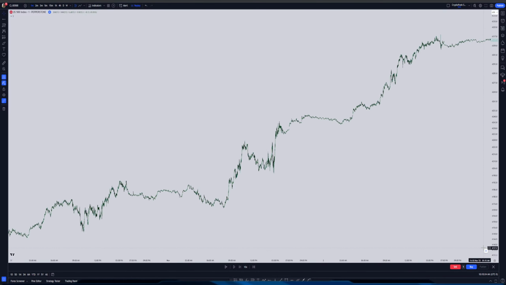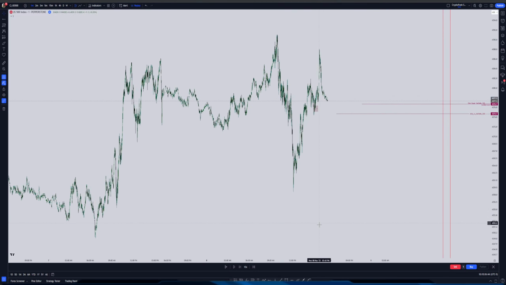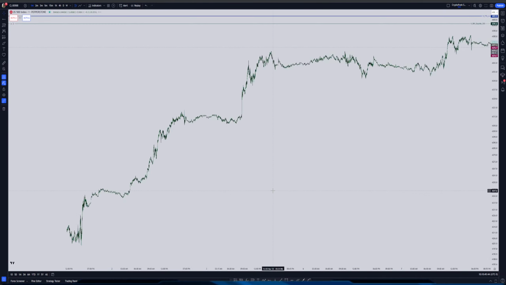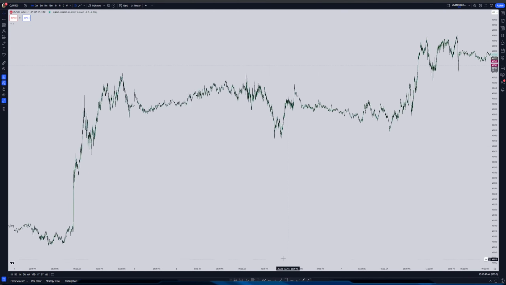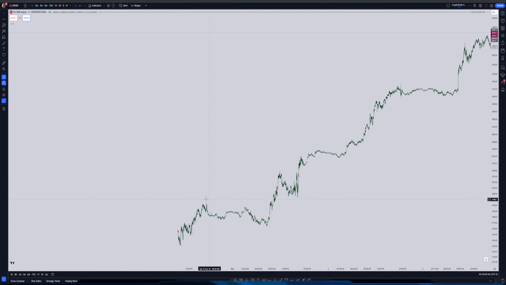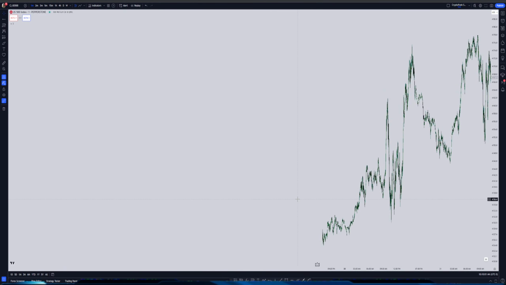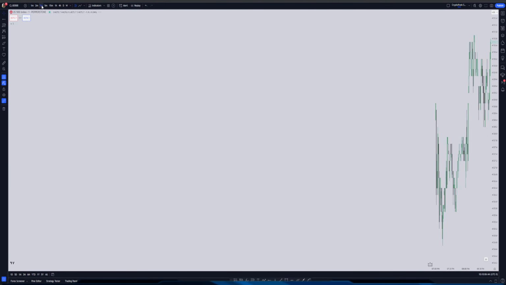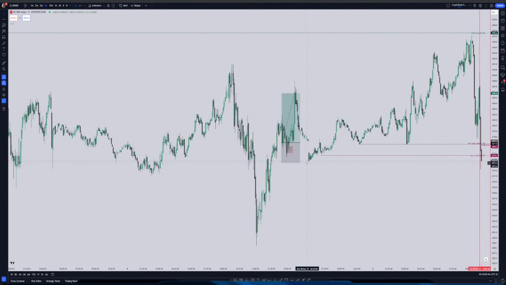Is it inside of my replay or what? So what is that buy setup that I marked? Okay, in 1 minute it won't show me that, I guess. So let me go to the 5 minutes and let's see.